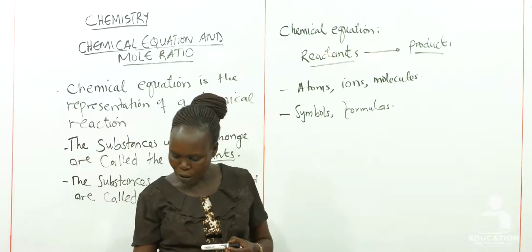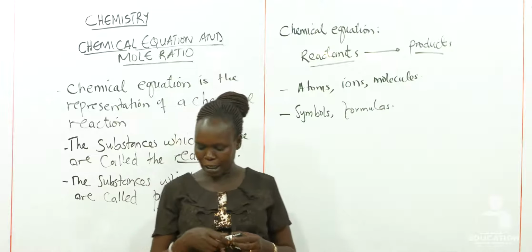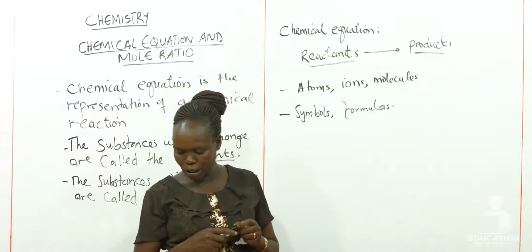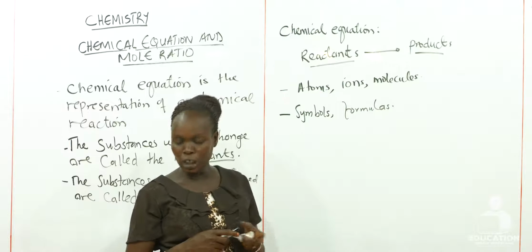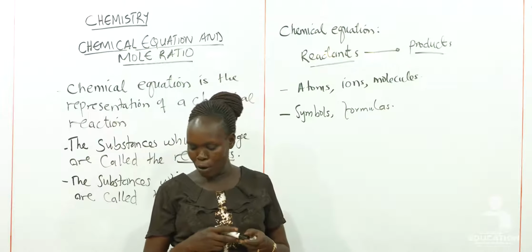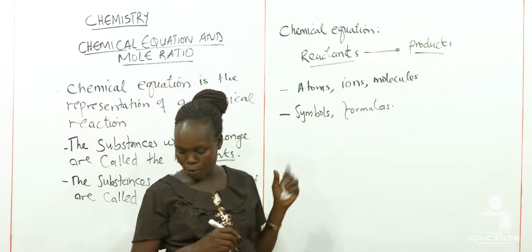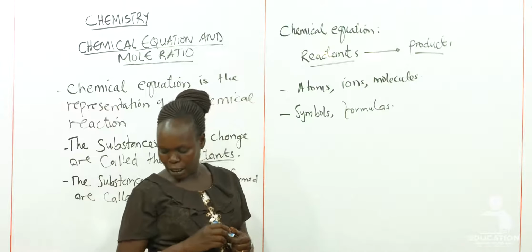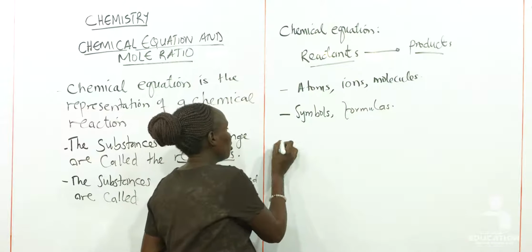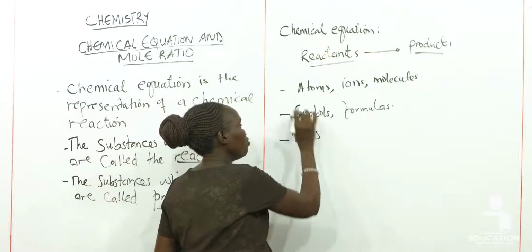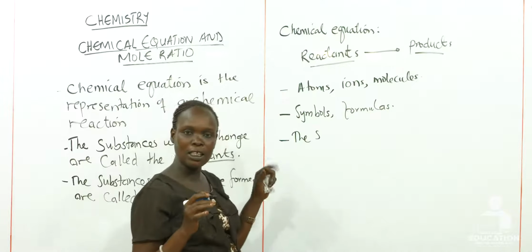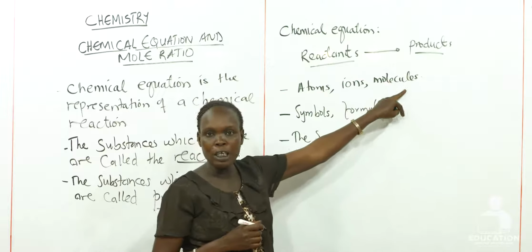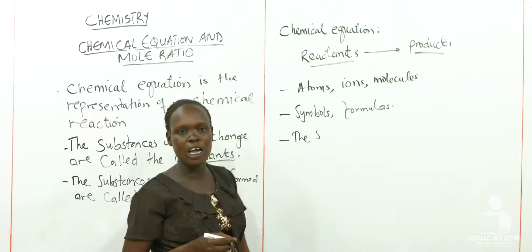Also we have to know that the simplest forms in which the reactants and the products can exist are atoms, molecules, ions, or formula units.